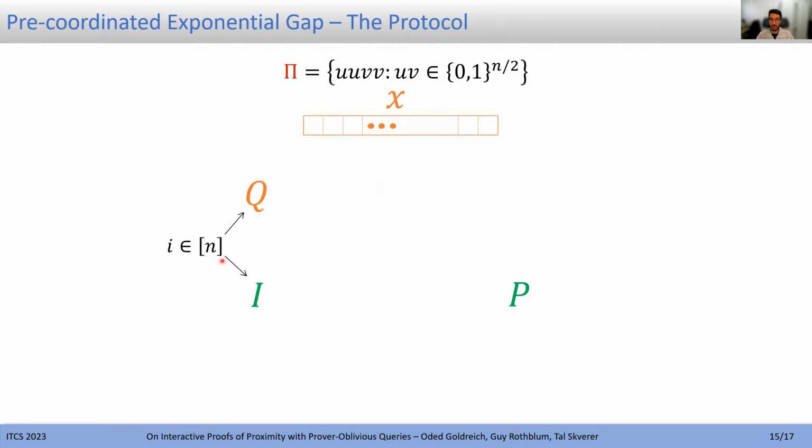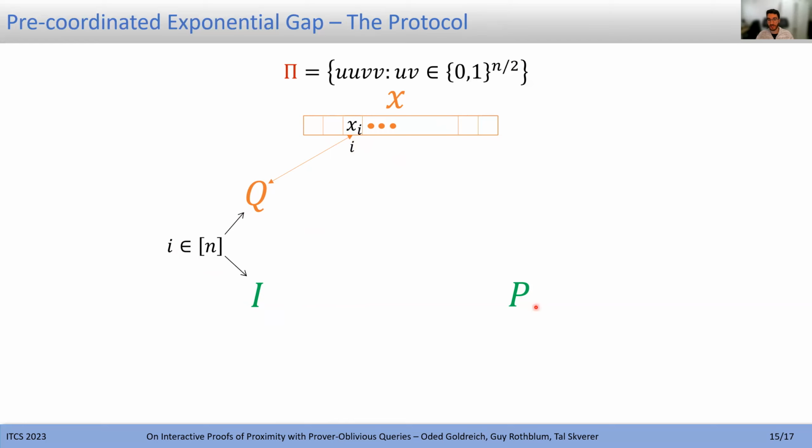It will simply be a random index out of n, which we denote by little i, which both Q and I know. The querying part will very simply just query X at position i and get back the bit Xi. The interacting module will start communicating with P.